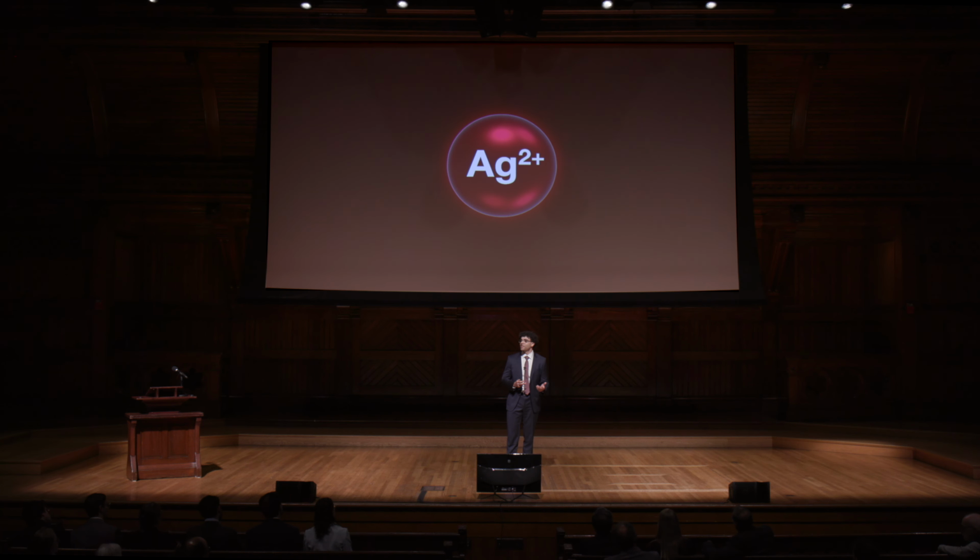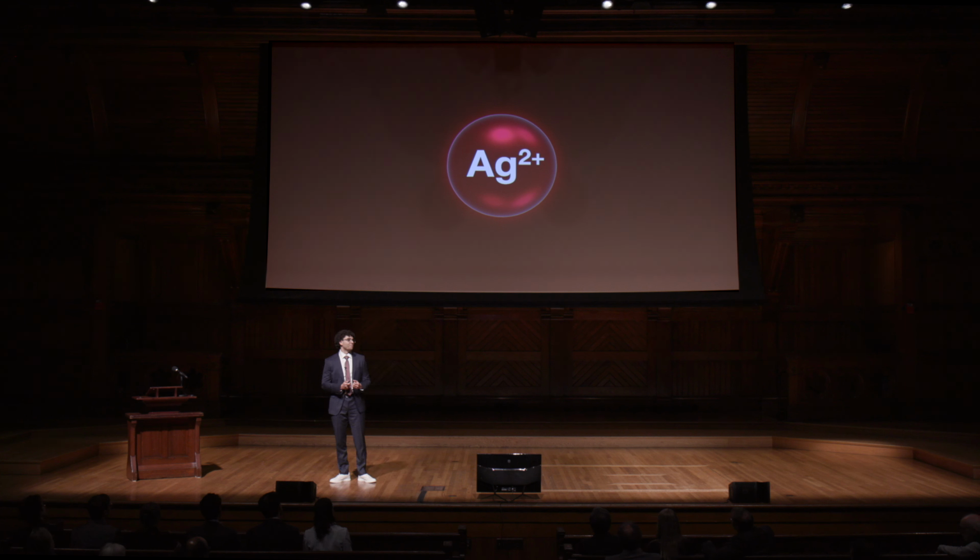But to wield this tool would be no easy task, as that would mean that I would have to tame silver 2. And at the outset of my PhD, very few silver 2 compounds had ever been made before. But in this absence of knowledge, in this lack of precedence, I saw opportunity.